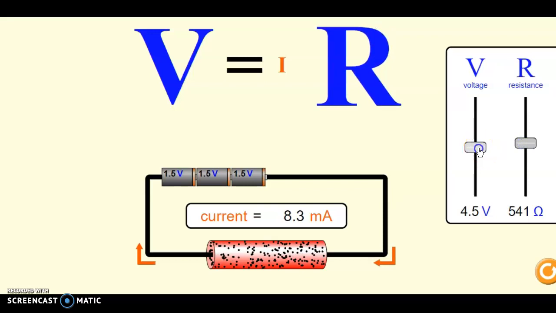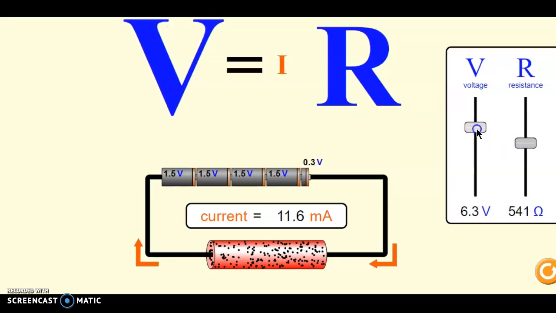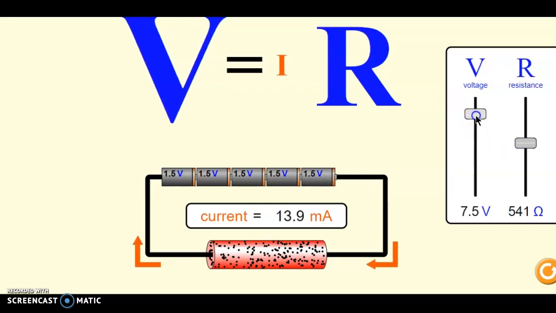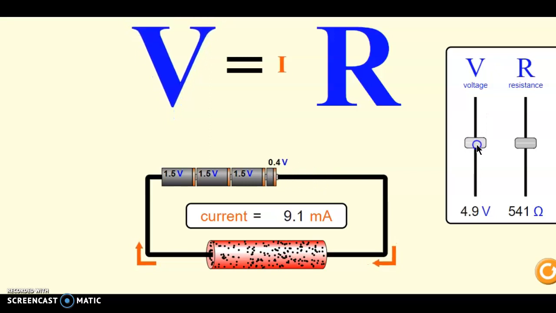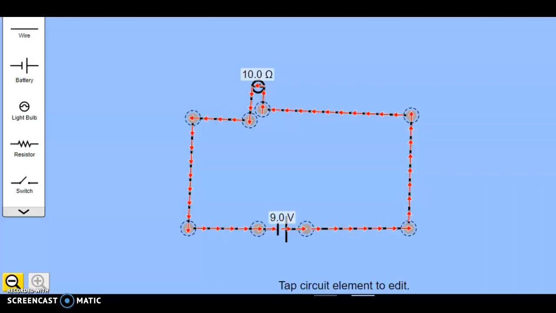Now voltage and current. If I increase voltage, I increase current. You could see that. If I decrease voltage, I decrease current. So the relationship between voltage and current is directly proportional. The third one here is the light bulb. Light bulbs are essentially resistors that give off light.